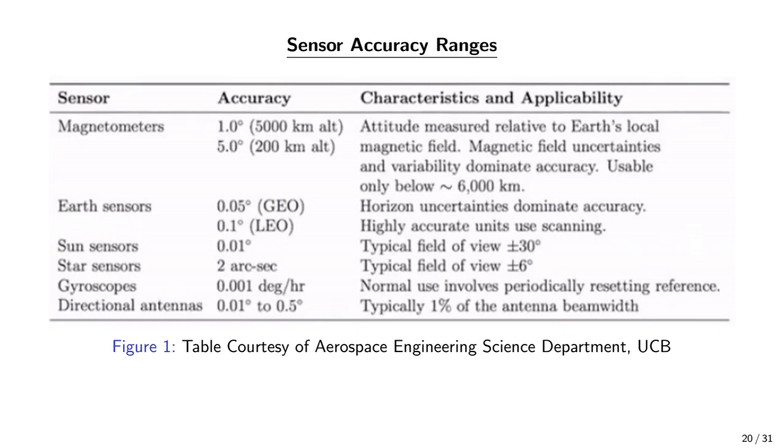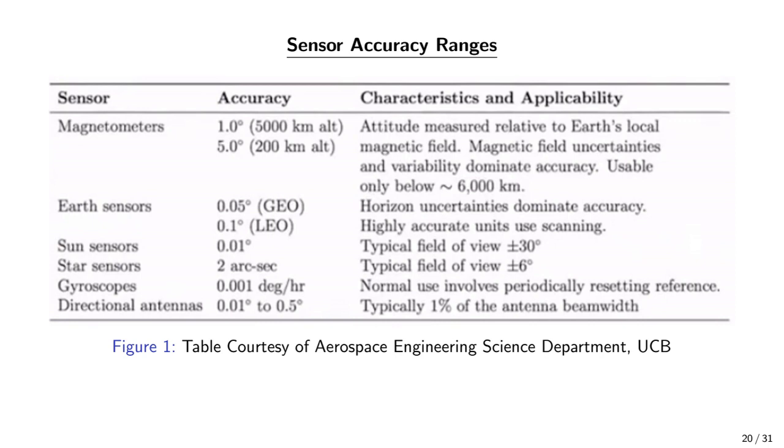All right. So this is the table I was trying to refer to that shows your accuracy ranges. If you look at your magnetometers, you have it between 1 and 5 degree accuracy. If you see your earth sensors, when you go higher, it's 0.05 degrees.